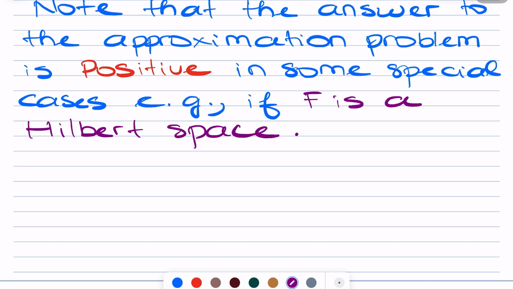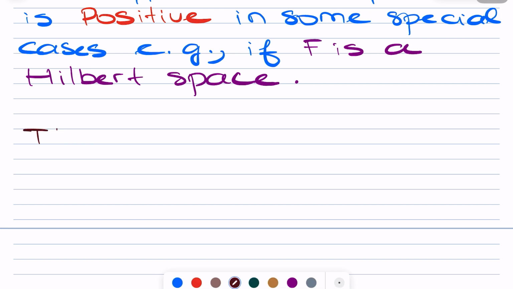If you give me a compact operator from E into a Hilbert space, then I can always find a sequence of finite-rank operators that converges in the operator norm to T. So maybe let's have it as a theorem.